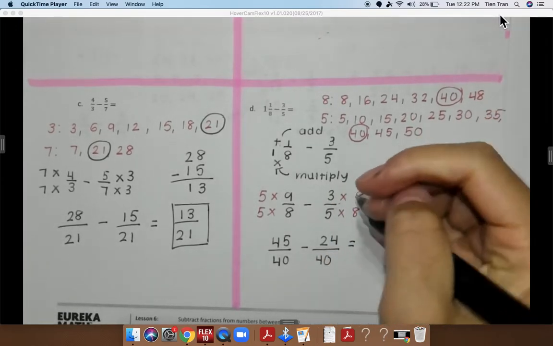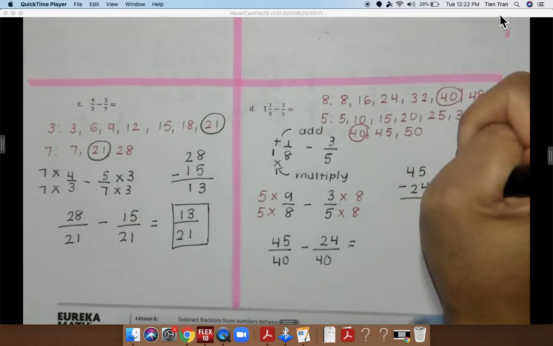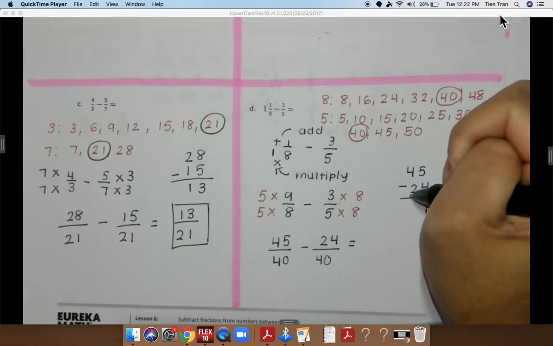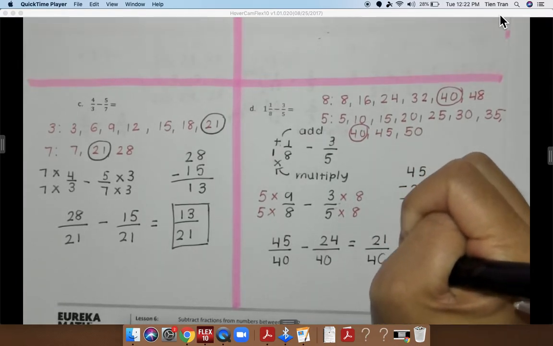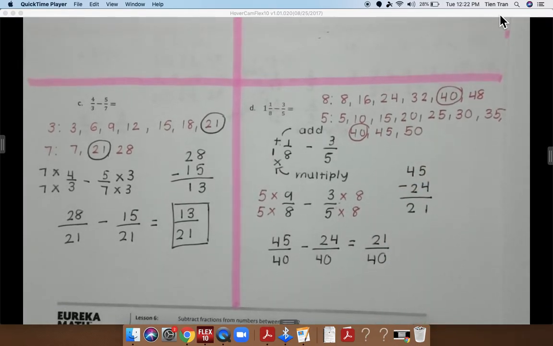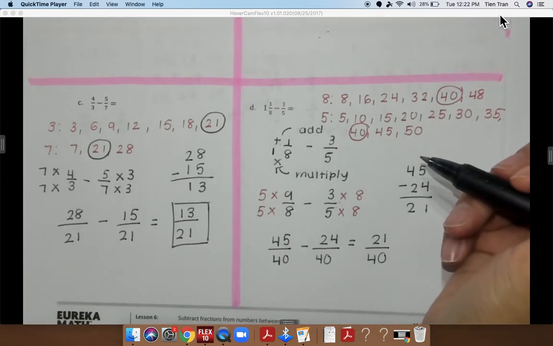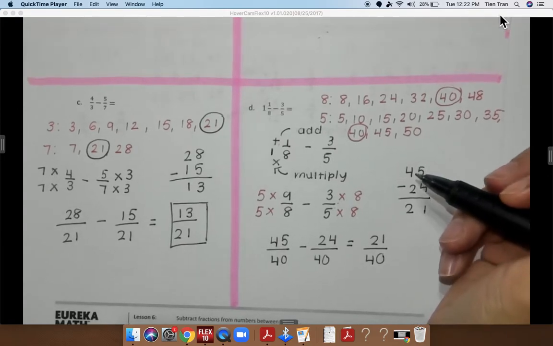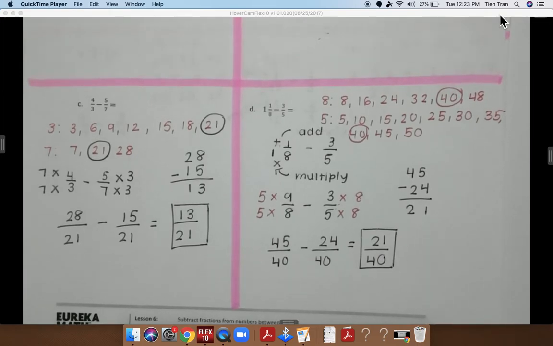Okay. Now I'm going to subtract. I have 45 minus 24. 5 minus 4 is 1, and 4 minus 2 is 2, so 21 over 40. And this is problem D. So I have 21 over 40, which is my final answer.